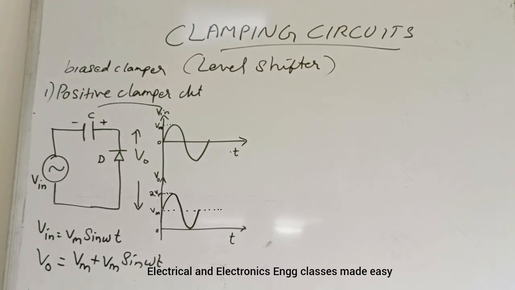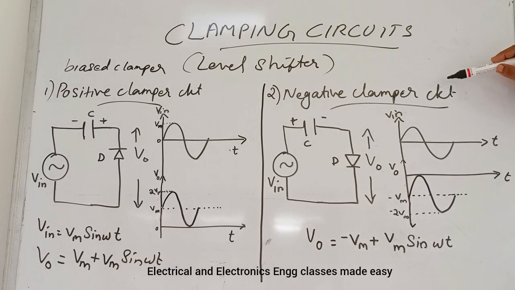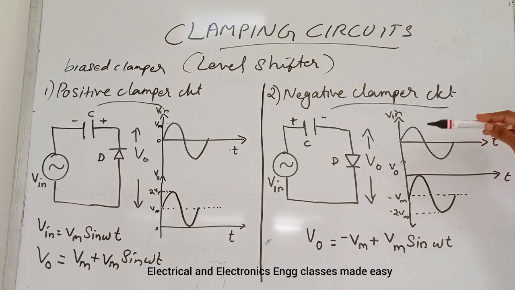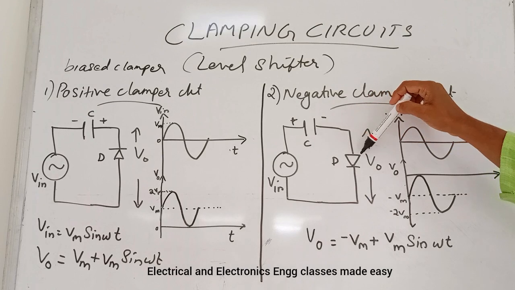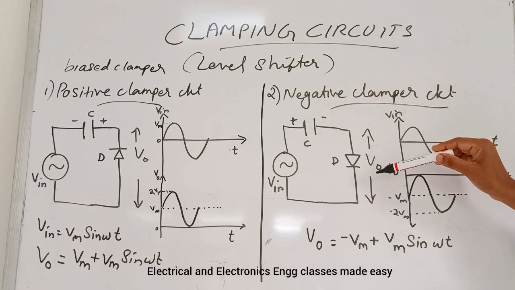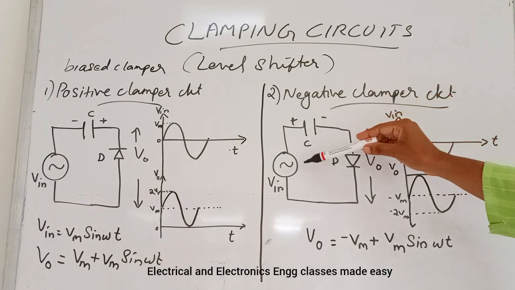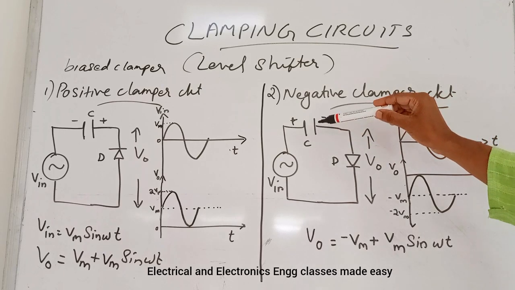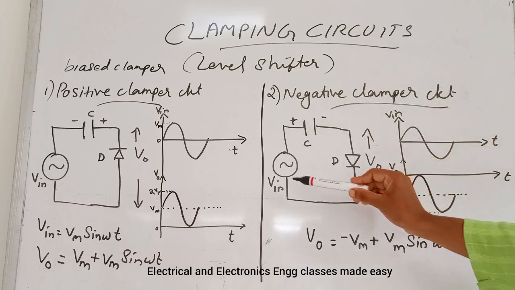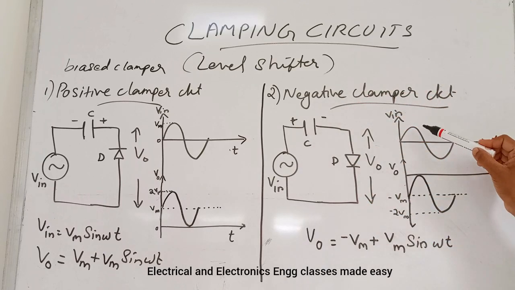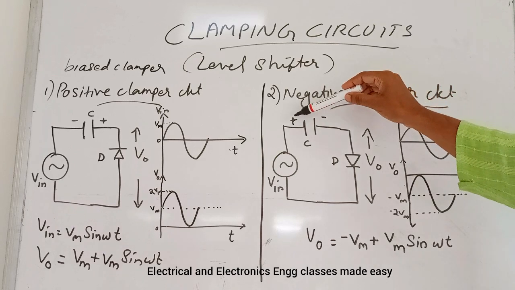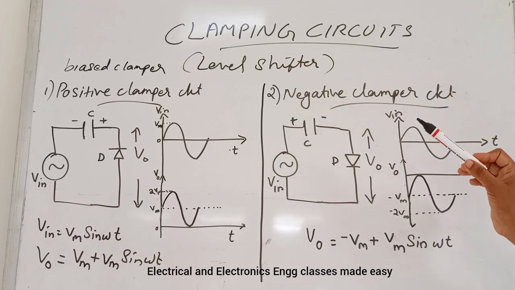Next is the negative clamper circuit. This is the circuit diagram for the negative clamper circuit. Here the diode conducts in the positive half cycle, and hence the capacitor charges to the maximum value Vm, with the polarity plus-minus like this.